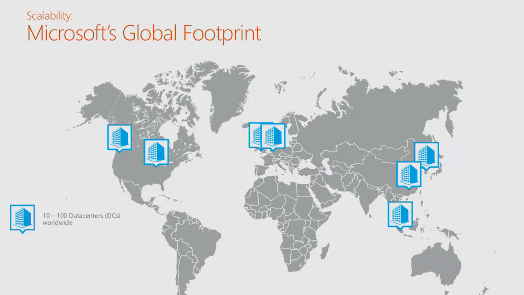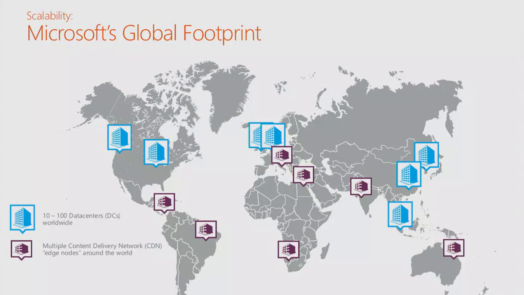And so not only do you have data centers that are redundant in geo-redundant locations, you also then start to move to these CDNs, which basically is trying to bring the Microsoft network as close as possible to you so that when you're using SharePoint Online or when you are using Project Online, you have the best possible experience.